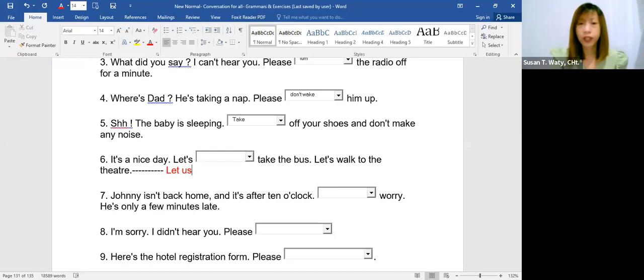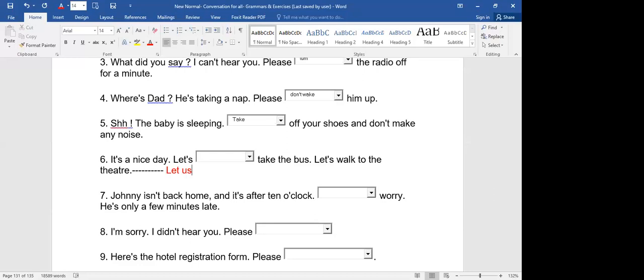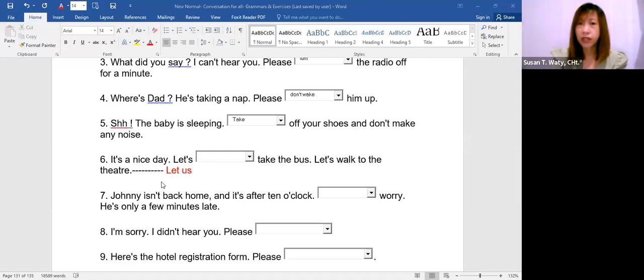Let's, okay, that's for the positive form. We're gonna go, let's go to the market. Now when you're trying to say not going to the market, instead of let's don't go to the market, that's not the proper way. Okay, so let me give you the example here. Another one here.